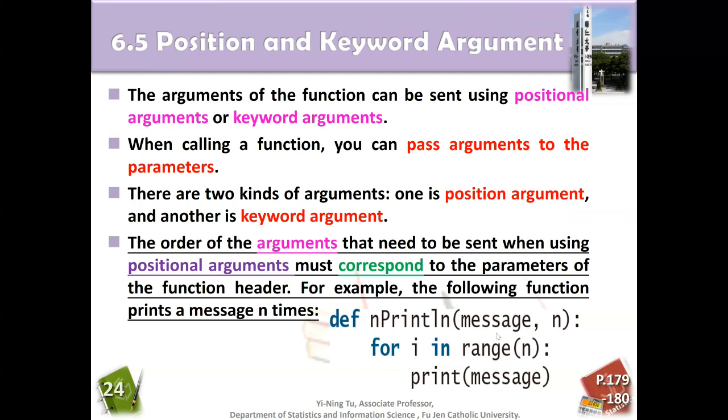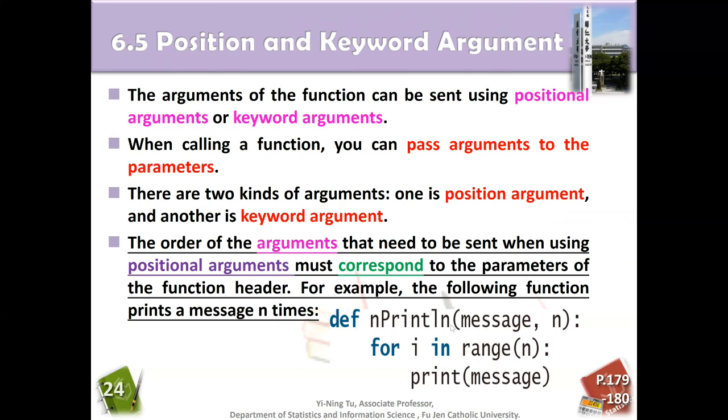What's the function of these two different parameters? We can see, for i in range(n), so n is an integer, it can be a count, a loop. The message must be something like a string or value, then it can be printed.